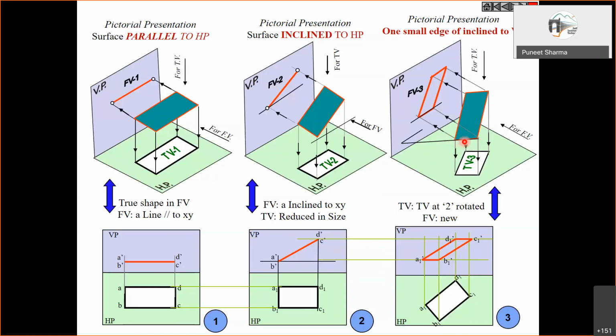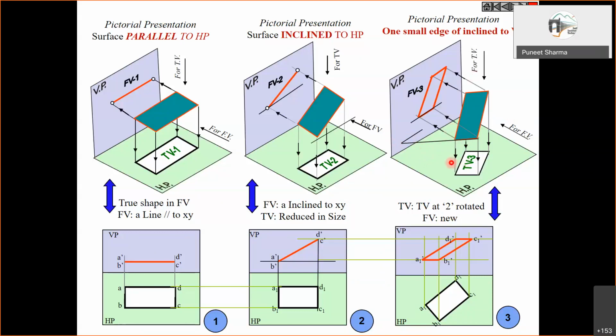So this edge is parallel to the horizontal plane, but is making inclination with the vertical plane. This line is drawn over here just to depict that this shorter edge is inclined to the vertical plane. We have to finally reach this position.